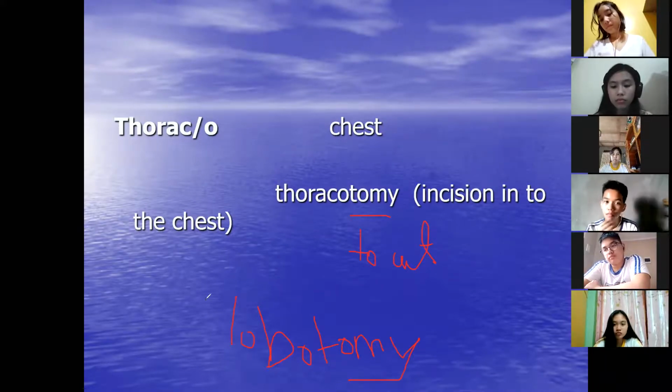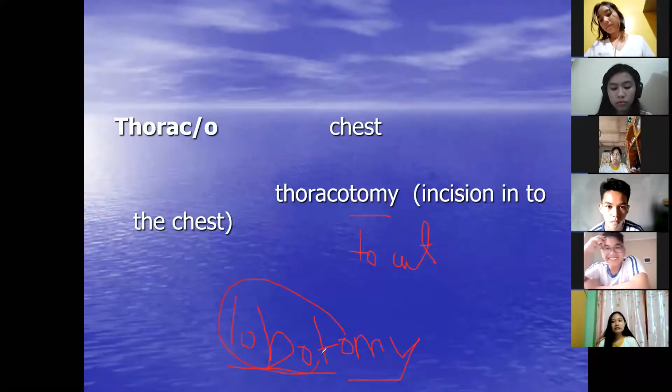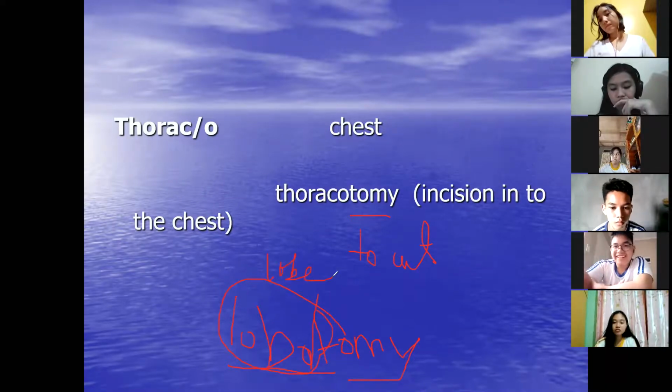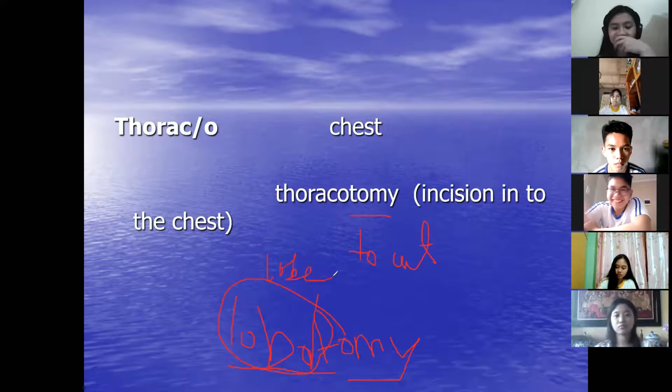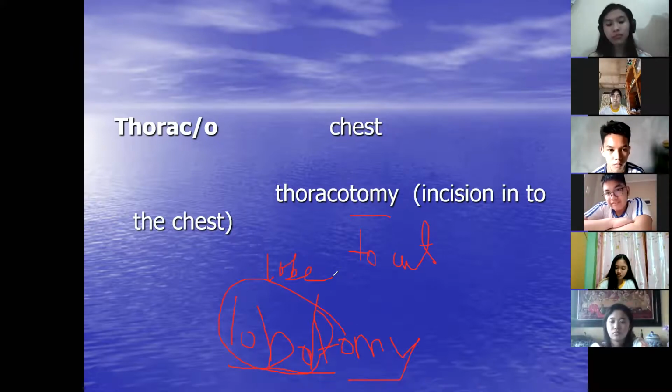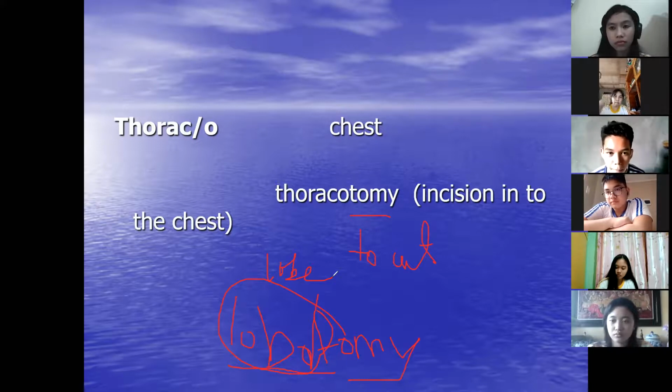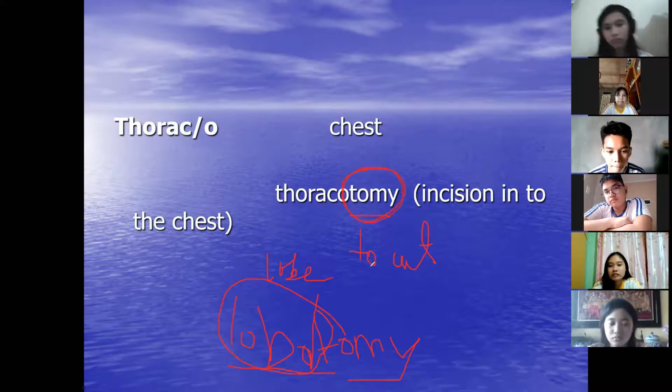The complete term here is prefrontal lobotomy. Lobotomy means to cut the lobe, not the lobot, but to cut the lobe of your head: the frontal lobe, the occipital lobe, the parietal lobe, and the temporal lobe. When you talk about lobotomy, there's a small saw that will cut your skull, and then open your skull and see what's the problem of your brain. That's just FYI, which brings us to the suffix tomy, which means to cut.